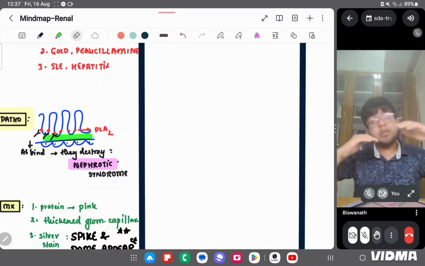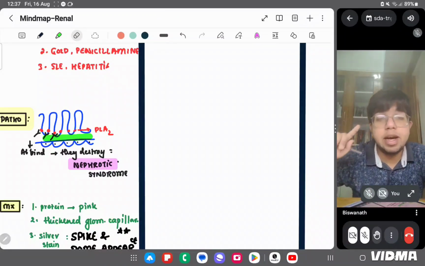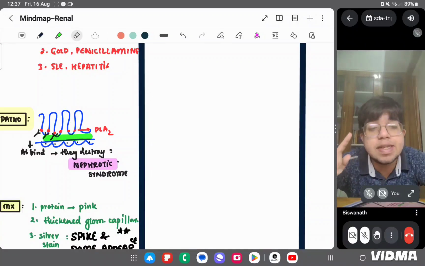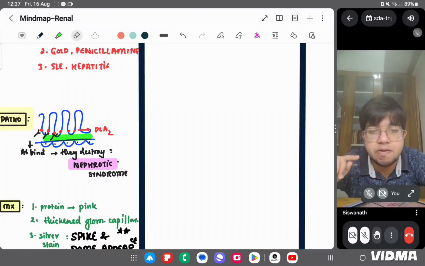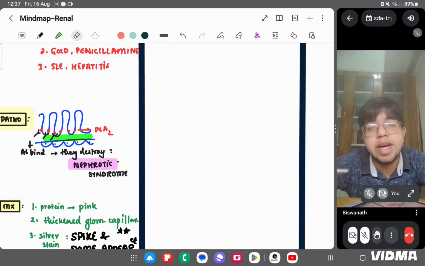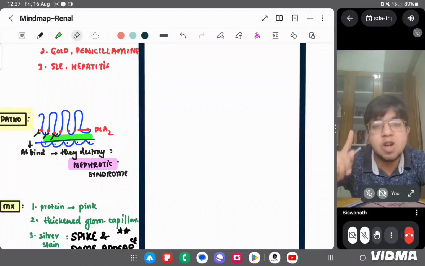So there will be subepithelial deposits in a discontinuous pattern, which will give a granular appearance. So here we say that granular positivity is present.